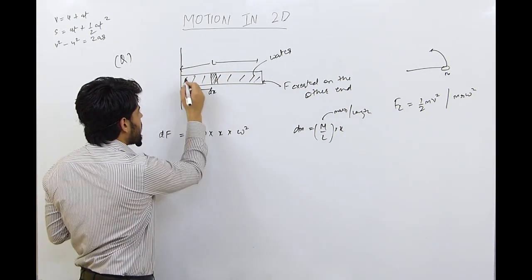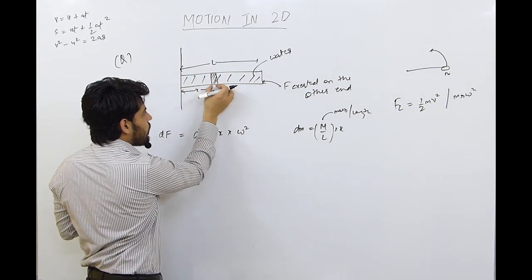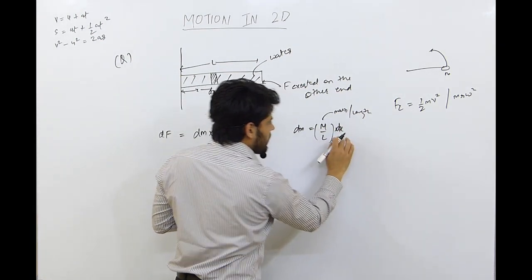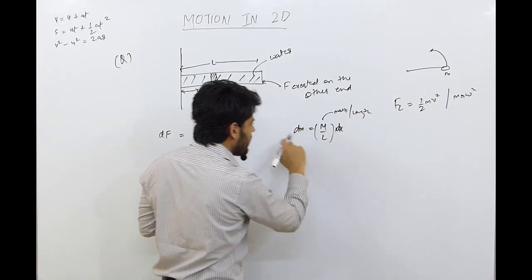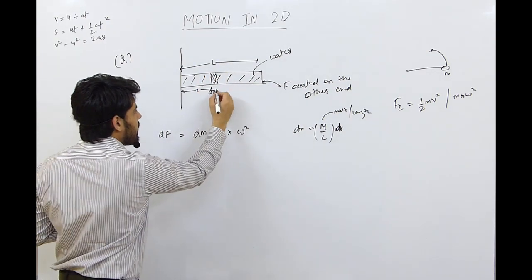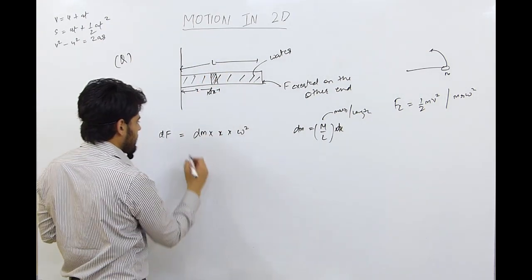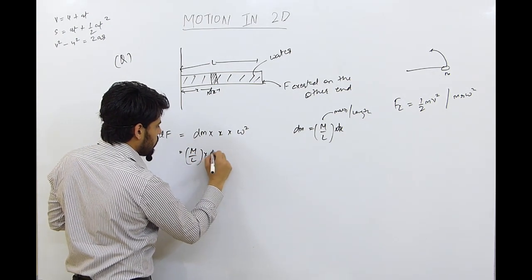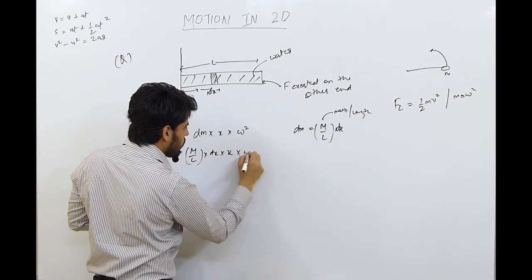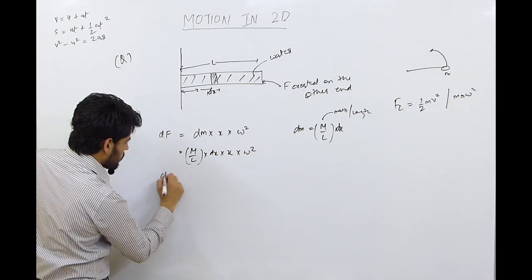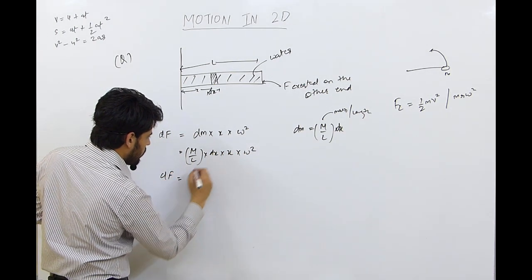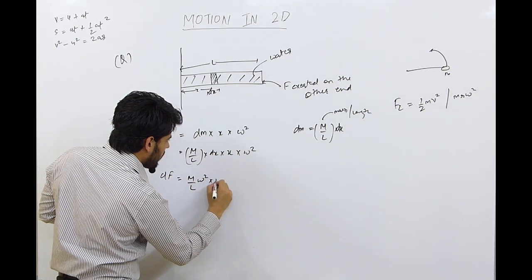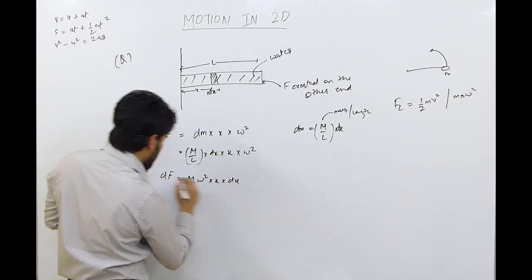So we counted the mass for a unit length, and for this component of length dx, we have to multiply with dx. So mass per unit length into dx will be the mass of this small component whose width is dx. So we'll put the dm value over here: m by l into dx into x into omega square. So df is equal to m by l omega square into x into dx.